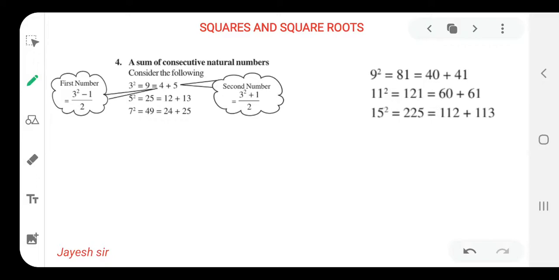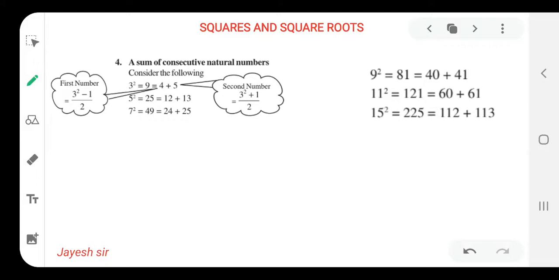Similarly for 15 square, the answer is 225. By subtracting 1 and adding 1, that means 224 and 226. Now dividing both numbers by 2, 224 divided by 2 will result in 112, and 226 divided by 2 will result in 113. So let us solve and see how it is possible.